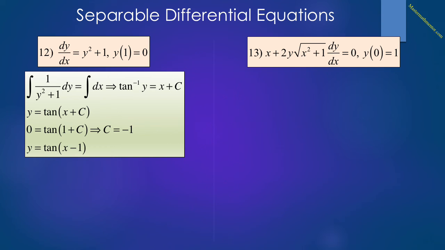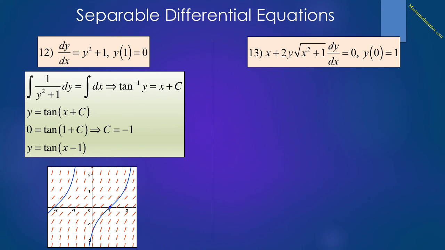At this point, we will just solve for y, and y is equal to the tangent of (x plus c). Plugging in the point (1, 0), we get 0 is equal to the tangent of (1 plus c), and therefore c is equal to negative 1. Therefore, our solution is y is equal to the tangent of (x minus 1).